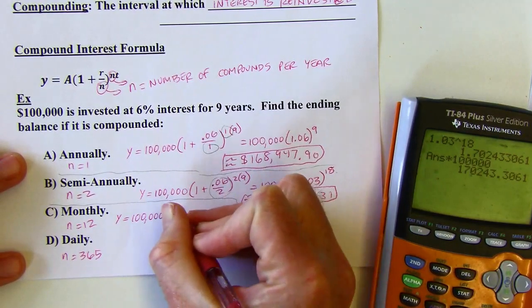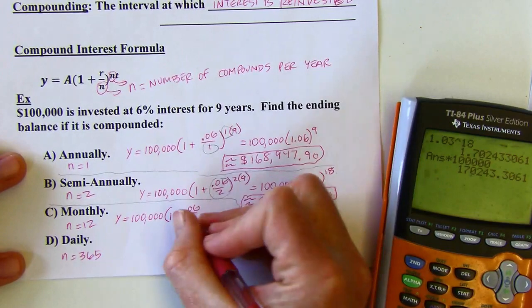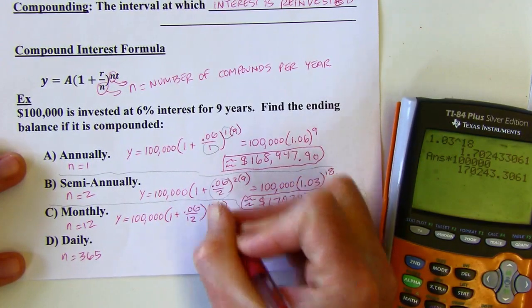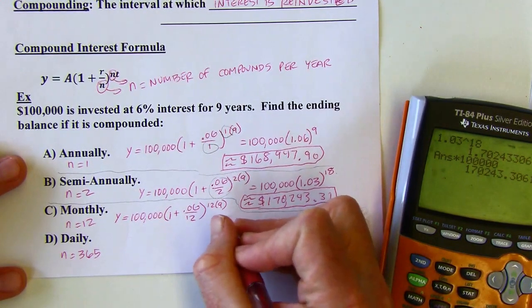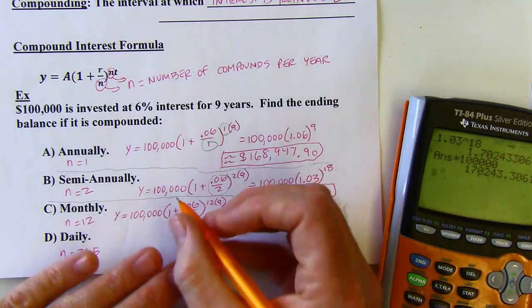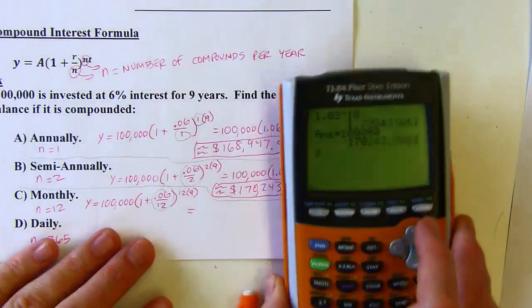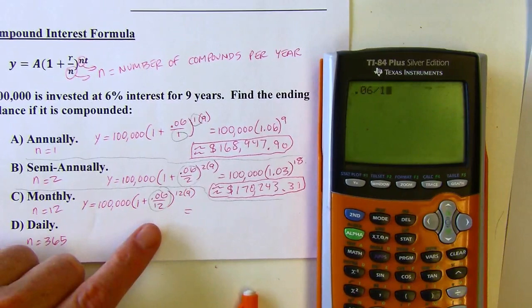Still got the 0.06 in the numerator, but the denominator there is 12, and I've got 12 times 9 in the exponent. Running out of space here, so I'm going to do this on my calculator. I'm going to start with that and work my way out from there. I've got 0.06 divided by 12.